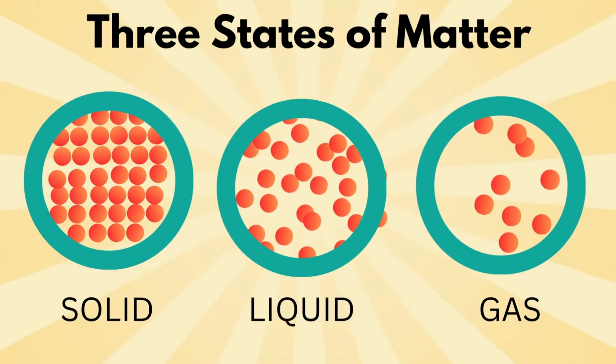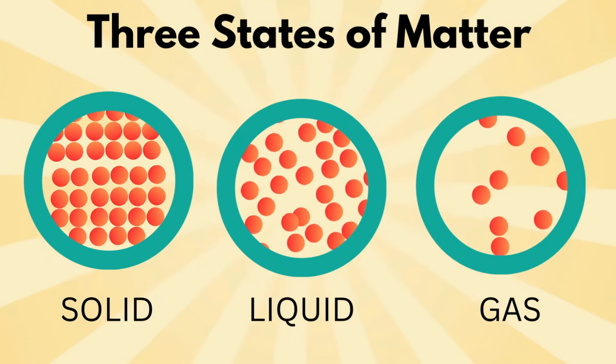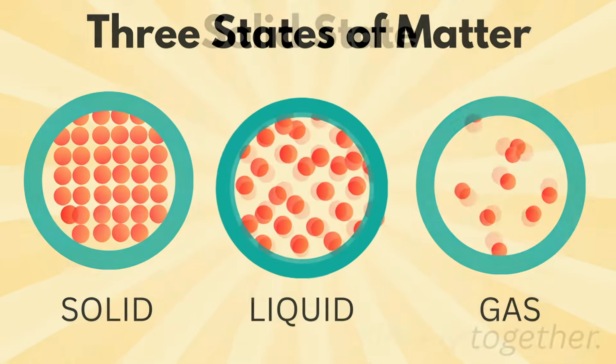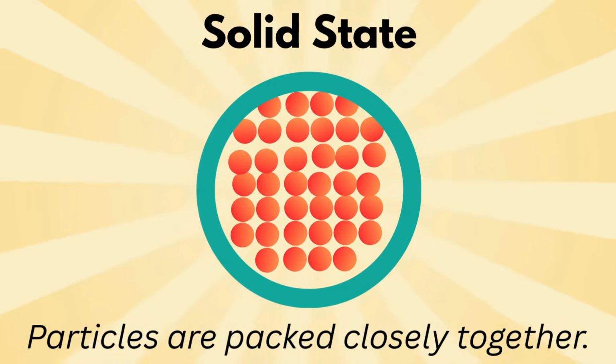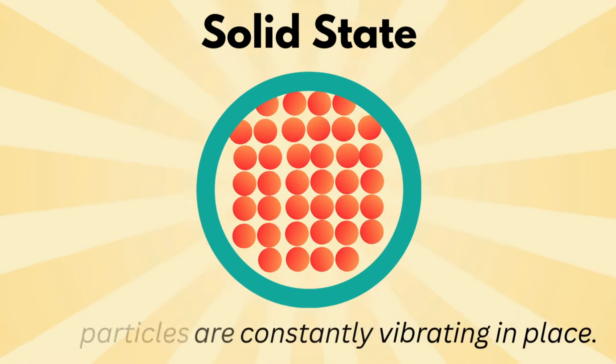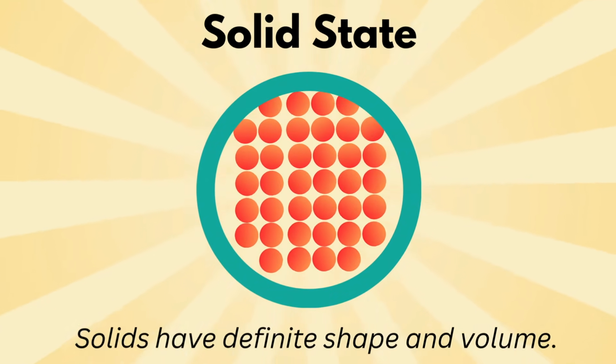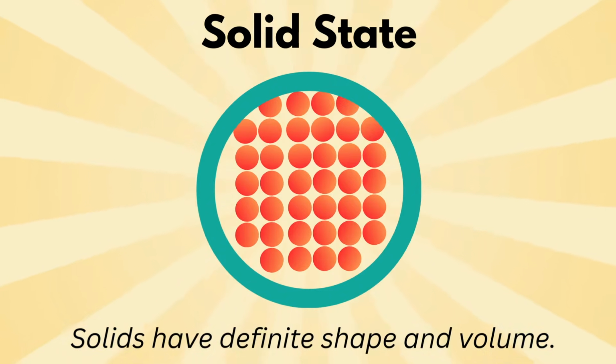The way particles are arranged and how they move explains the three states of matter. In solids, particles are packed closely together, locked in position, but they vibrate constantly. That's why solids keep a definite shape.